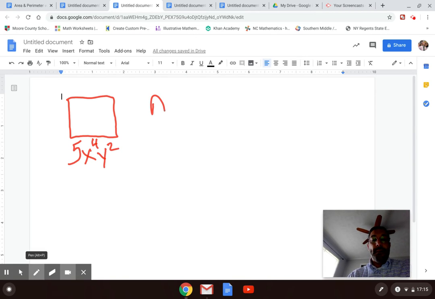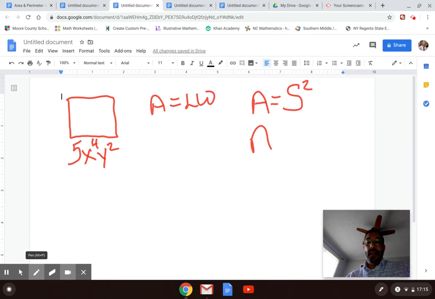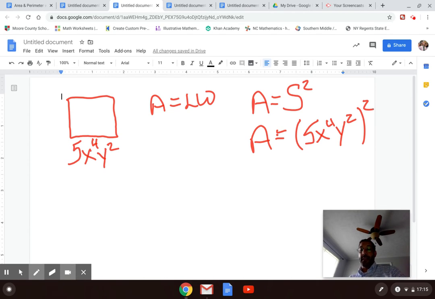So if I'm going to do my area equals length times width, since I'm dealing with a polynomial or a monomial here in exponents, I also know that an area can be written as side squared. So I could simply just square this monomial and use my laws of exponents to solve this a little bit easier. So I'd have 5x to the 4th y squared, and that whole thing's going to be squared.